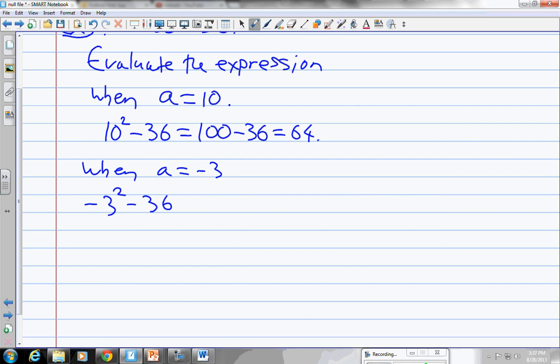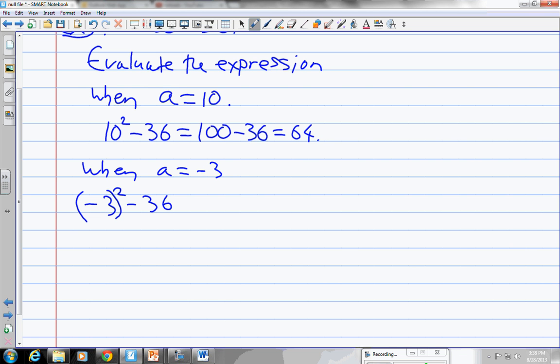Because when it's written like that, negative 3 squared, all it tells me is square 3, and the negative sign just kind of tags along. The negative sign is not being affected by the square. In order for you to square negative 3, it has to say that. So this is negative 3 squared.